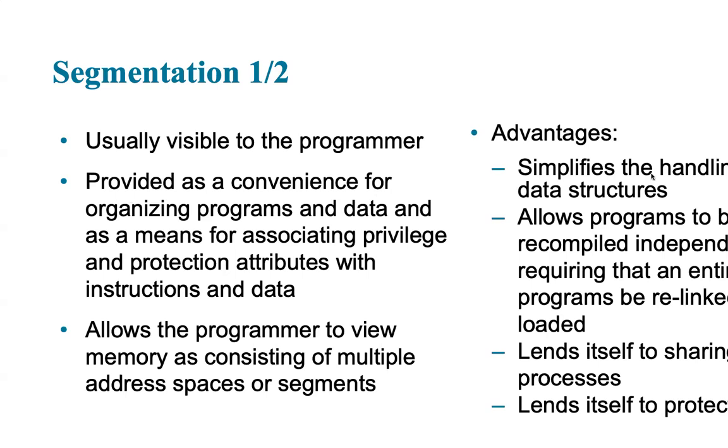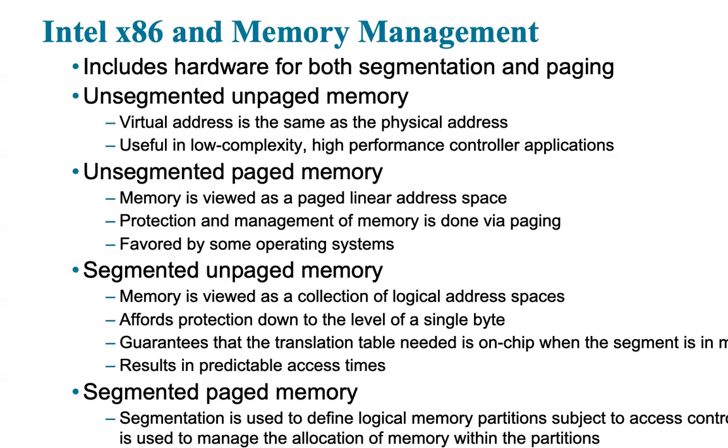So the advantages: it simplifies the handling of growing data structures. It allows programs to be altered and recompiled independently without requiring an entire set of programs to be relinked and reloaded. It lends itself to sharing among processes, and it lends itself to protection. We have how this is done in the Intel x86 approach.